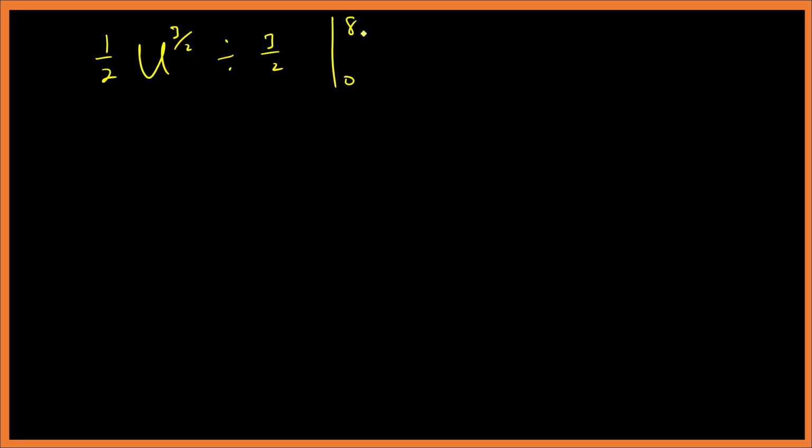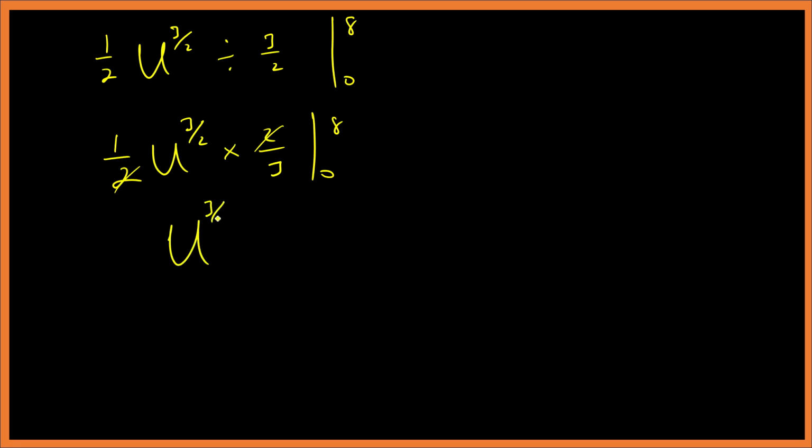So this side will be half u to the 3 on 2 times 2 on 3. All right, so this one will cancel. I believe it's u raised to 3 on 2 on 3, from 0 to 8.